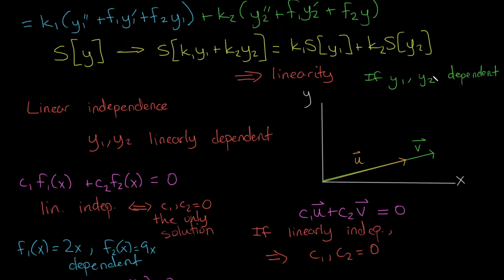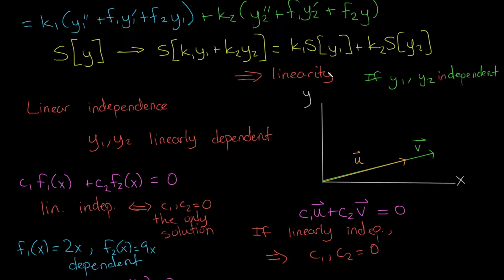That isn't very exciting because it falls right out of being linearly dependent. So what we're going to care about is where y1 and y2 are actually independent. This is going to be the exciting case because when y1 and y2 are independent, this property of linearity is going to give us a way to combine solutions.